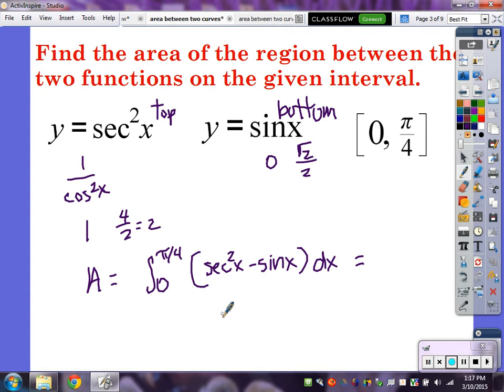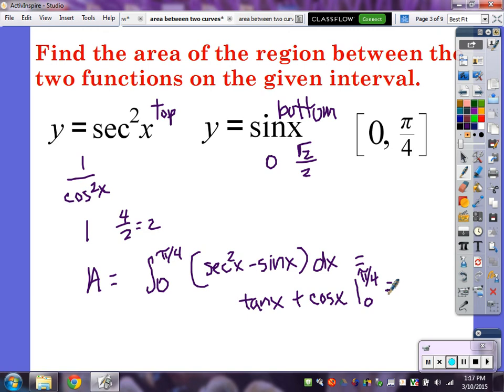And when I integrate, you may think, oh, trig's terrible to integrate, but these are actually really straightforward integrals. The integral of secant squared x is just tangent x, and the integral of negative sine of x is cosine of x. So this is equal to tangent of x plus cosine of x, and we will evaluate on our limits of integration.